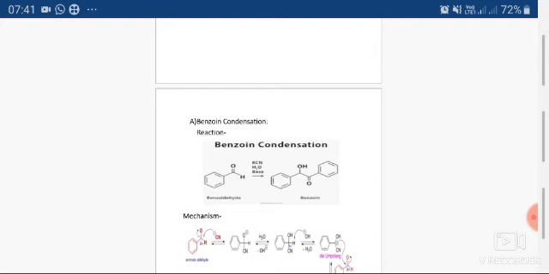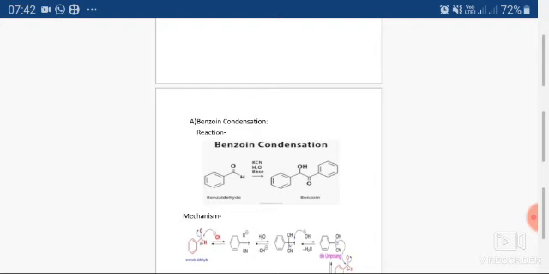When benzaldehyde undergoes condensation with potassium cyanide, then it gives benzoin. This is the example of benzoin condensation reaction, and this has a general reaction.